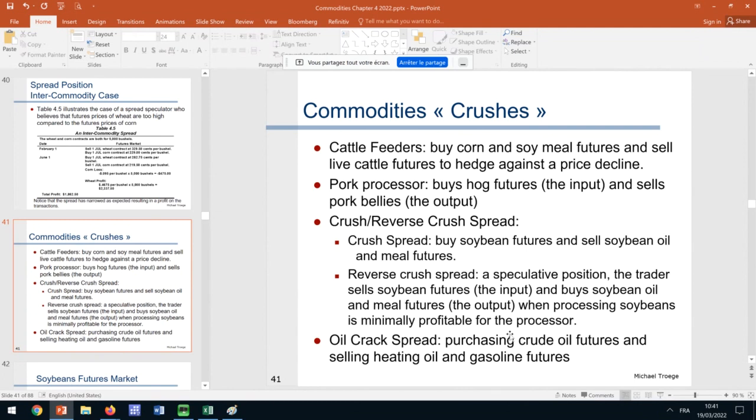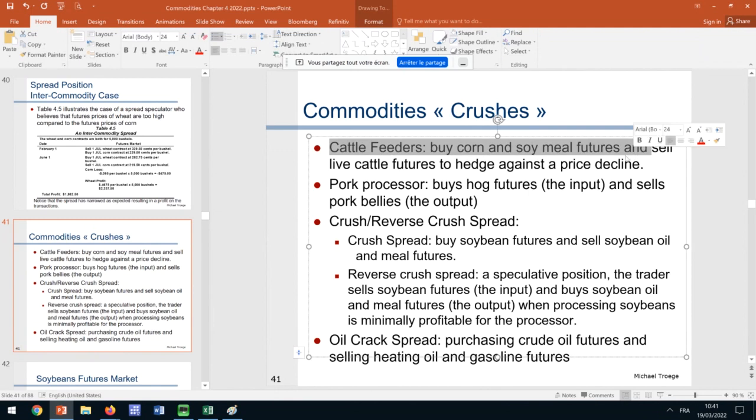because these are really the most interesting speculations that you can carry out. So you have the so-called cattle spread. What is the cattle spread? Remember that we have two types of cattle contracts.